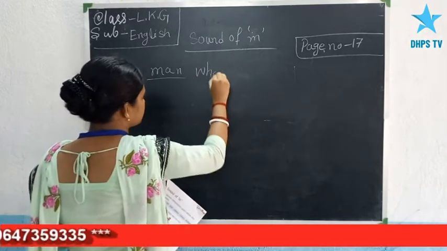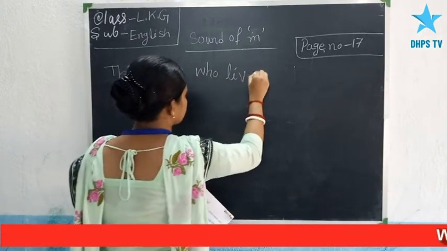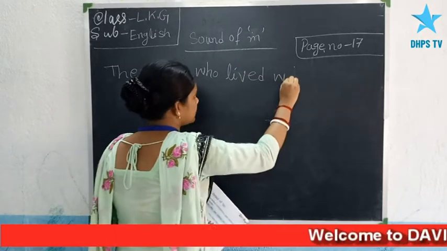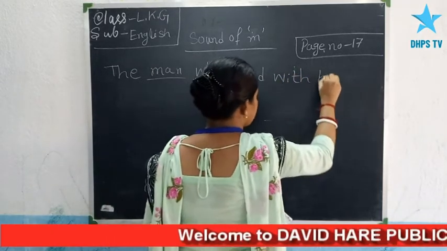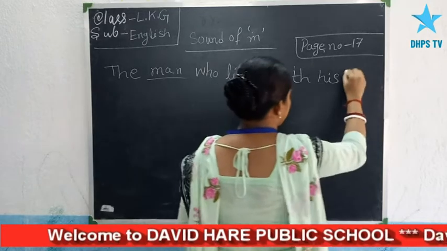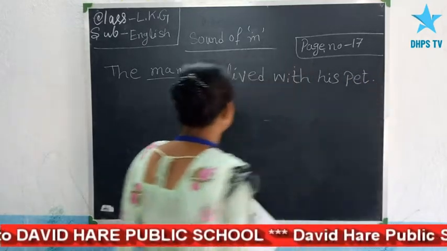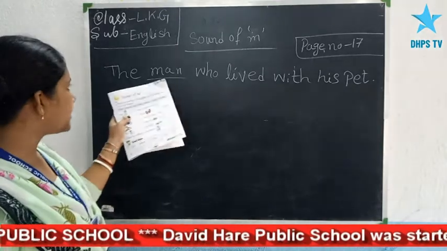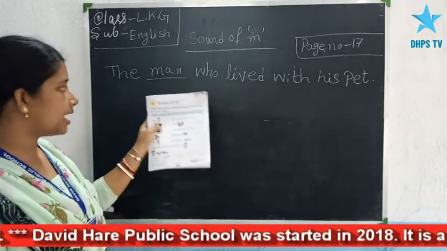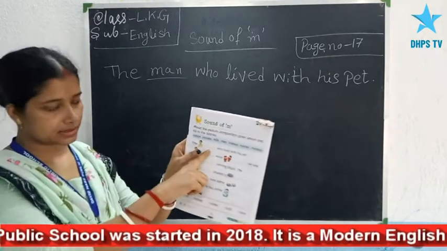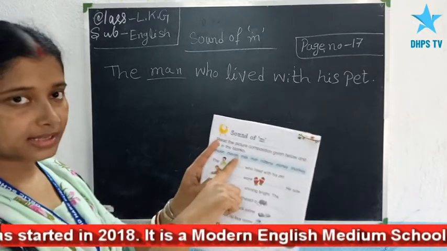Then, who lived with his pet? You have to fill the blanks similarly. In this blank you have to write man.